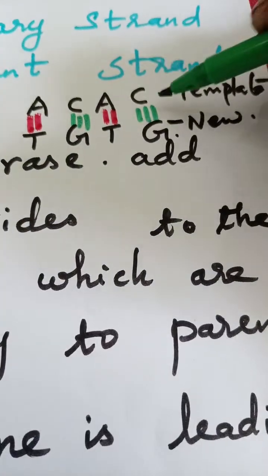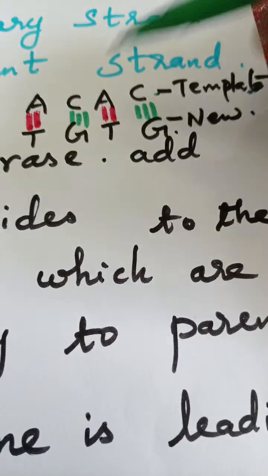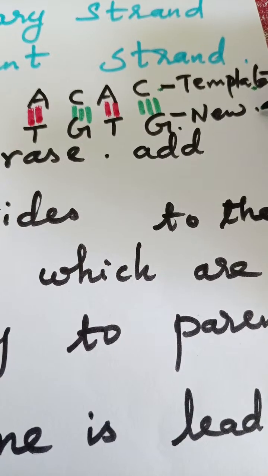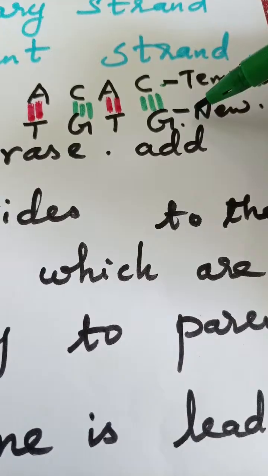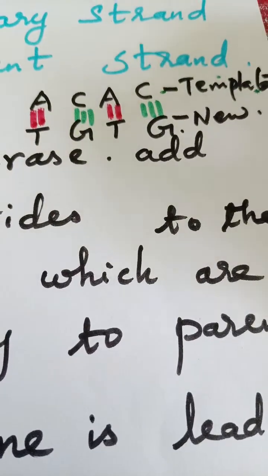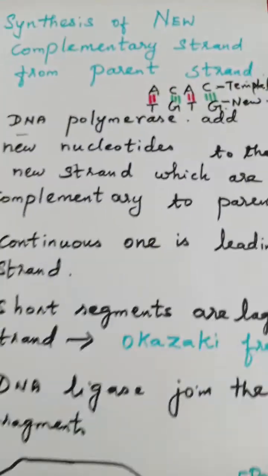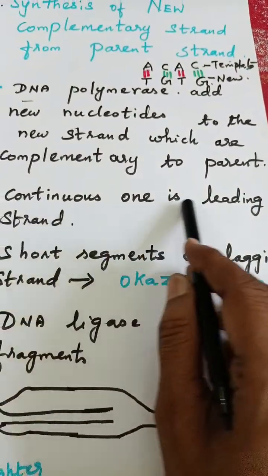The top nucleotides are known as the template strand, and below that the new strand will be formed by new nucleotides which are complementary to the parent strand. The template strand is known as the parent strand. Is that clear? So like this, the new strand will be formed. It will be formed in a continuous manner.